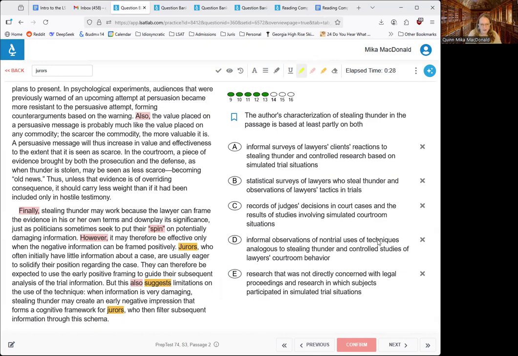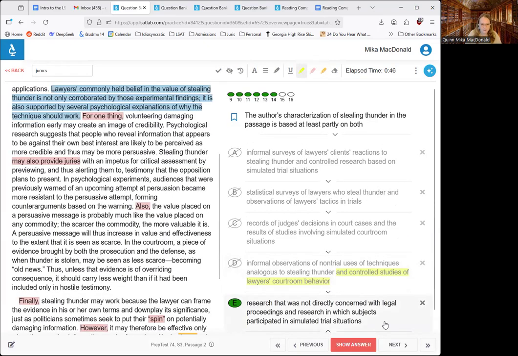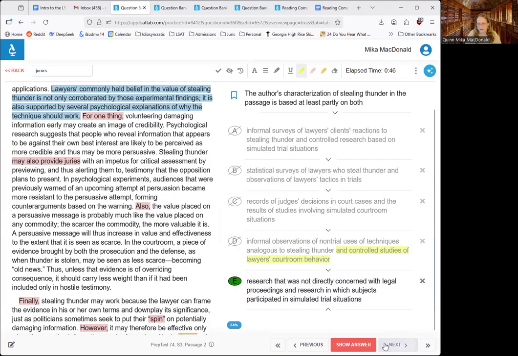I like E. Nope, controlled studies in court. Judges' decisions were never mentioned. No statistical surveys or lawyer observations. No surveys. So there we go. Pretty straightforward. We should know this pretty easily.